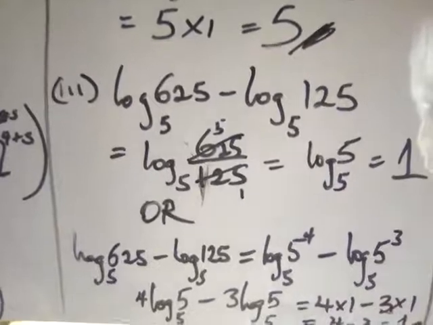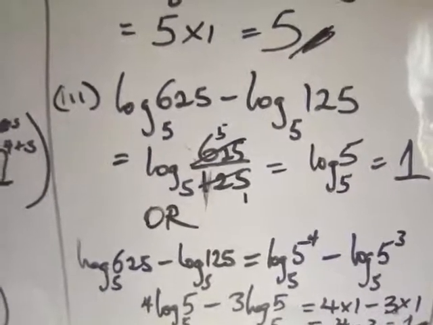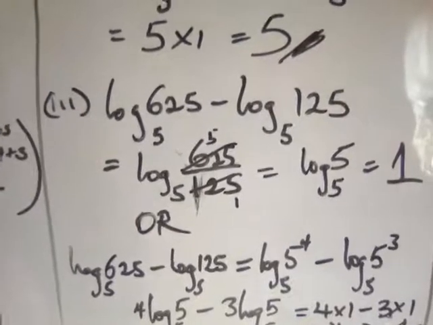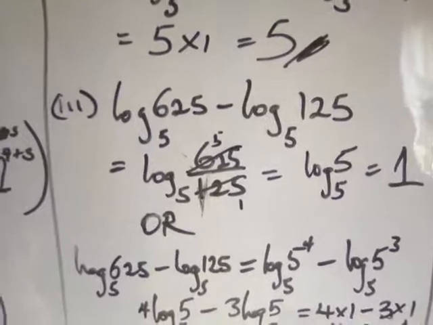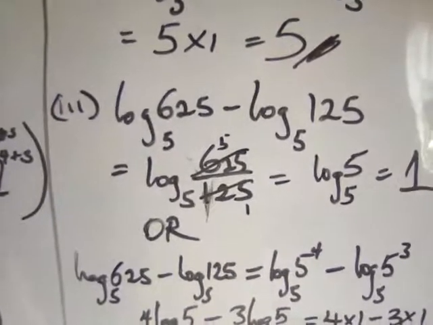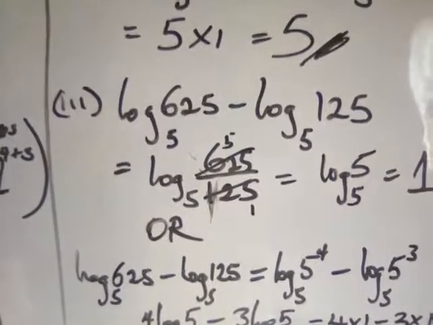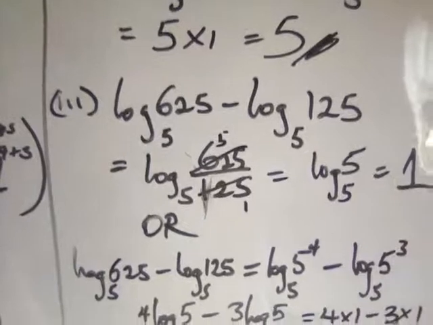What value is common to 625 and common to 125 too? It is 5. Because 5 raised to power 4 will give you 625, and 5 raised to power 3 will give you 125. And they have the same base also, 5.